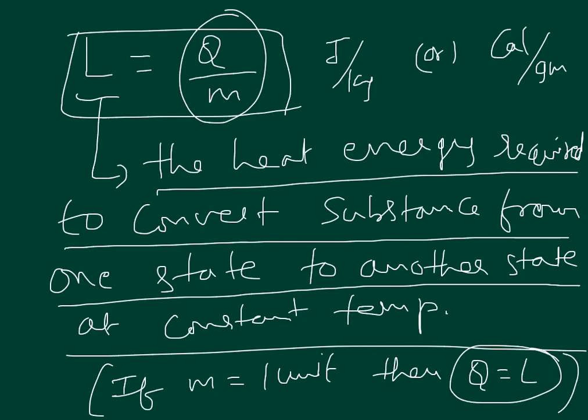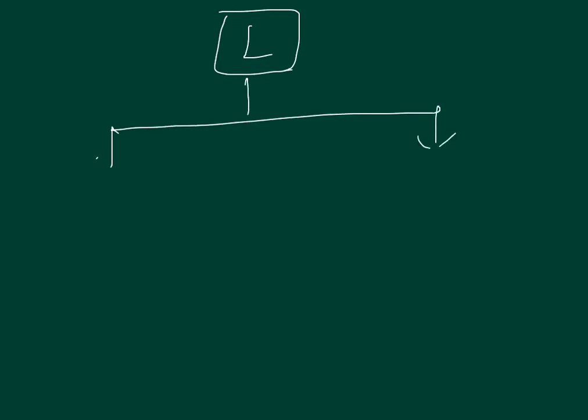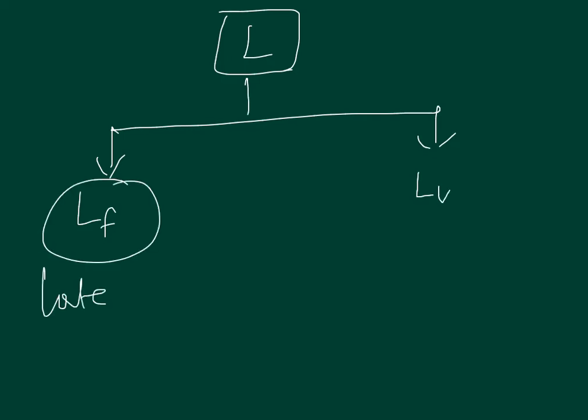Fine. So now coming back to this latent heat, it is of two types. So now I am classifying this into two categories, one as LF, other one as LV. LF is called latent heat of fusion of ice.